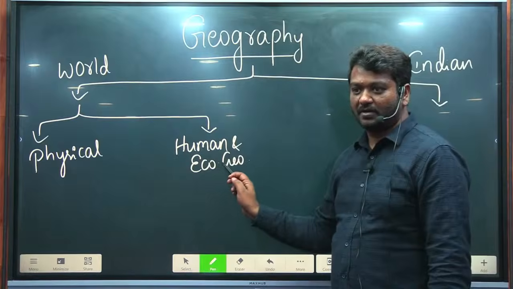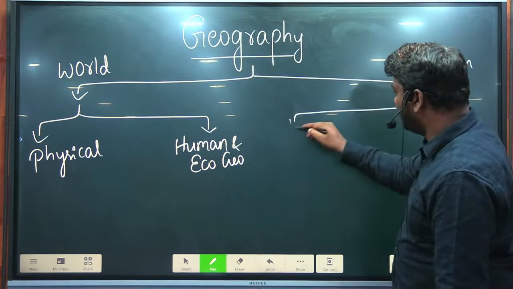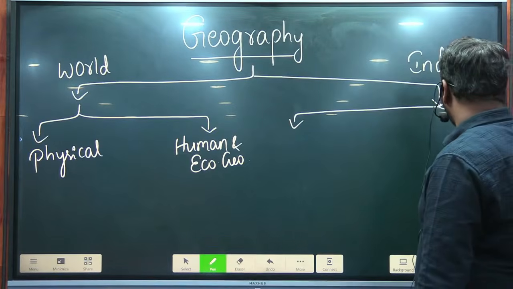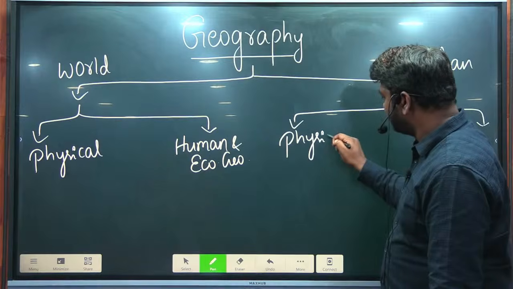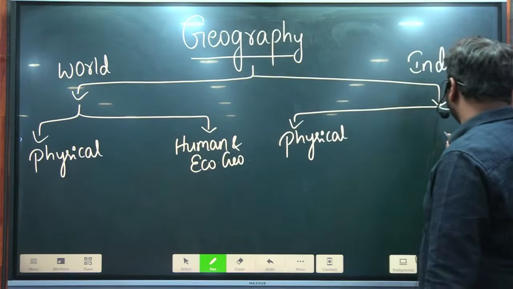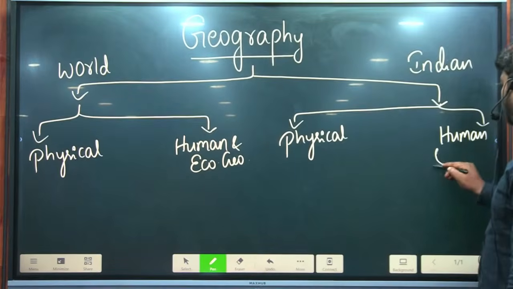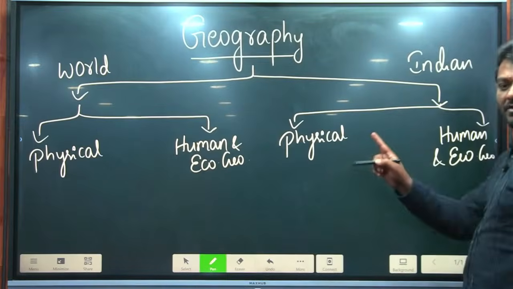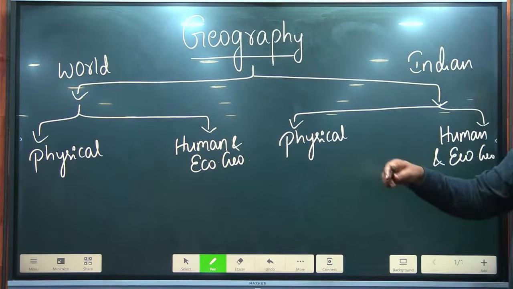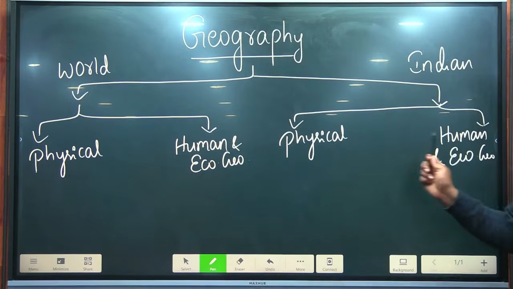India is also divided into two parts: this is also physical, and this is also human and economic. Okay? So, world physical and human, India physical and human.